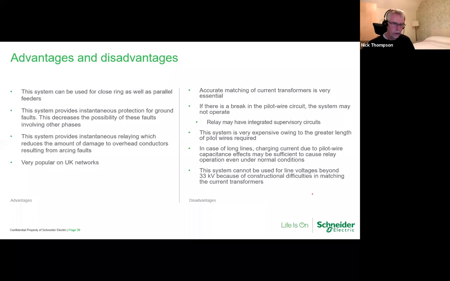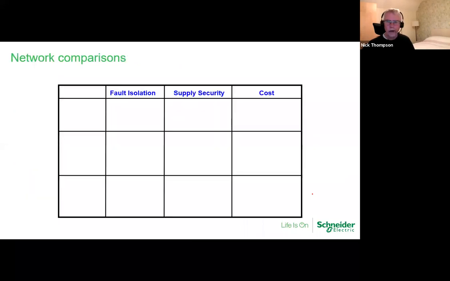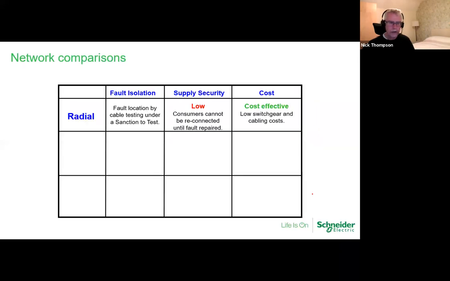So moving on to what are the comparisons between our different networks. So when we start to look at our radial network, you can now appreciate that, yes, it is possibly the cost effective or the cheapest, as a Yorkshireman would say, it's cheapest. So we don't need to rely on a loop of cable coming back to create a ring.